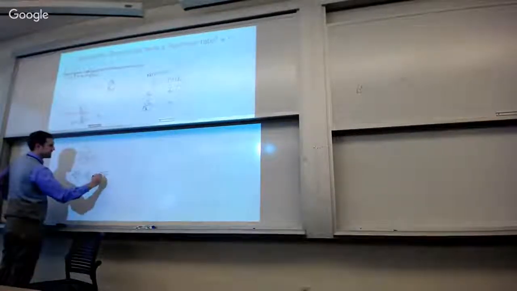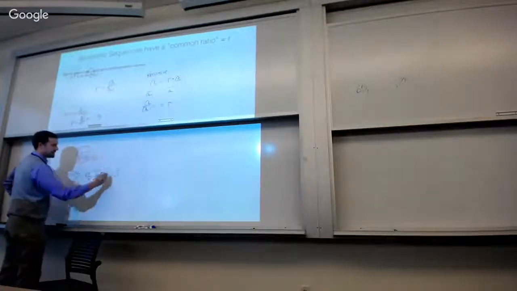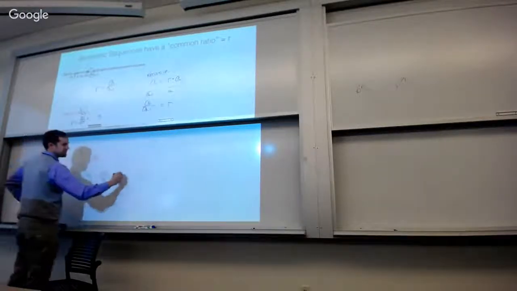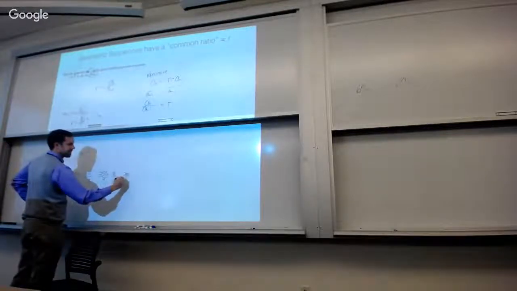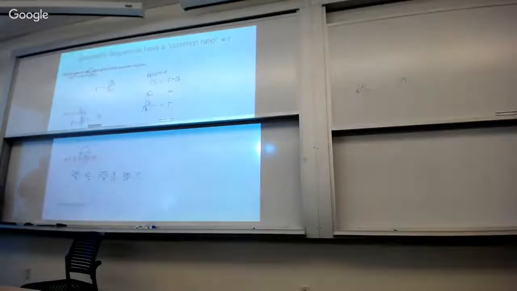So 256 thirds times 3 64ths. And then I cancel the 3's, and 256 over 64, what is that? 4? Yeah, so the common ratio is 4.